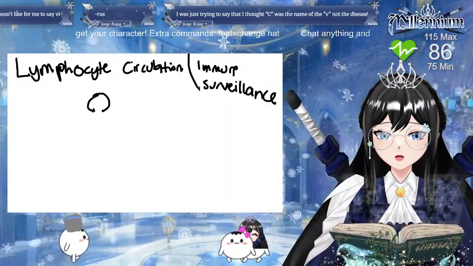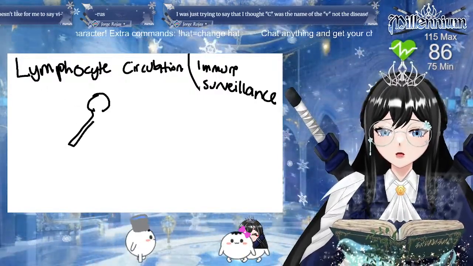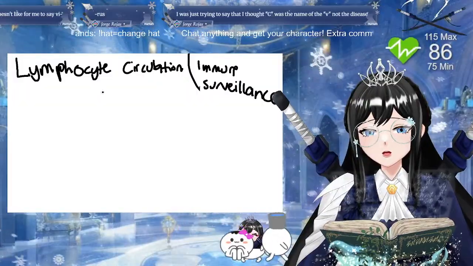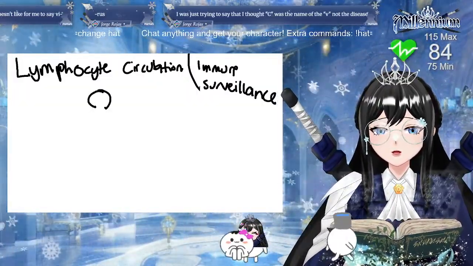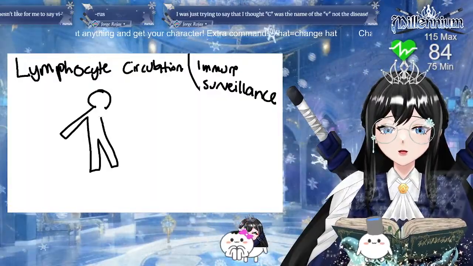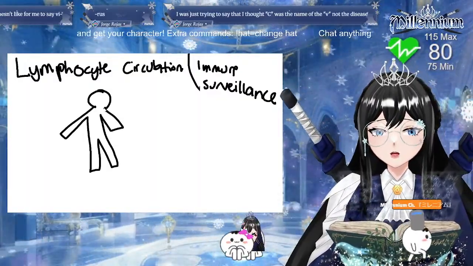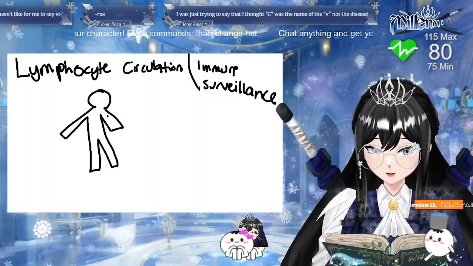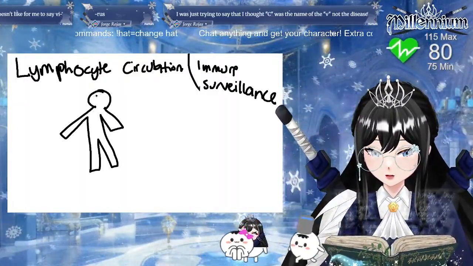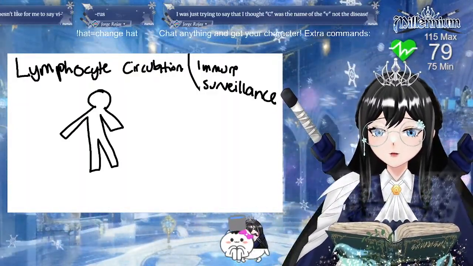This is a human. Why am I drawing it that way? It's alright. Picasso level. Yes. Nice. Very nice. Look at that. That's a human. So, oh, I was gonna draw the subclavian vein, so I need it to be bigger.